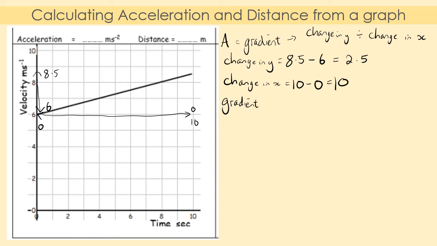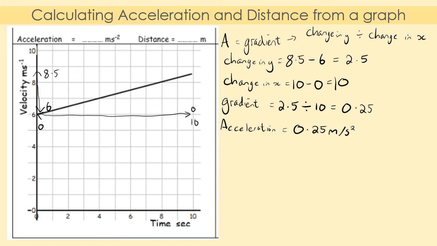My gradient, or my acceleration, is my change in y, 2.5, divided by my change in x, 10. If I use a calculator, I get 0.25. Just having the gradient isn't enough, I need to get my units in as well, so my acceleration is 0.25 meters per second squared.